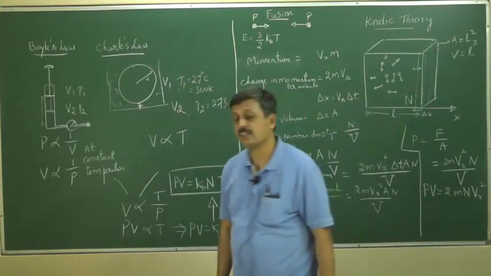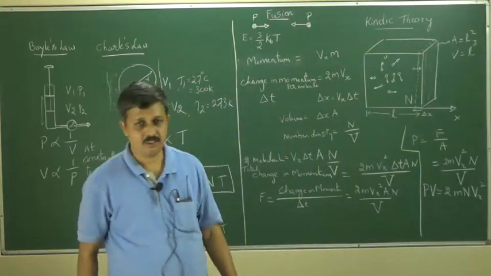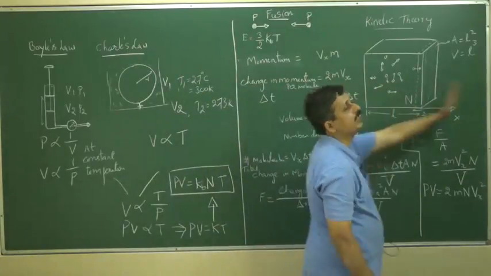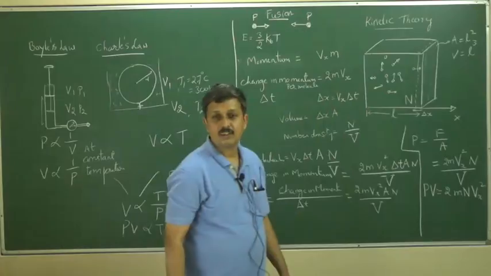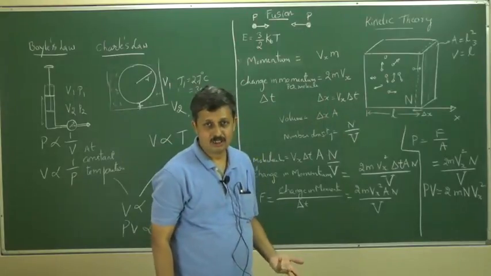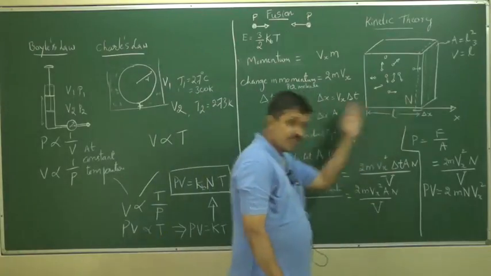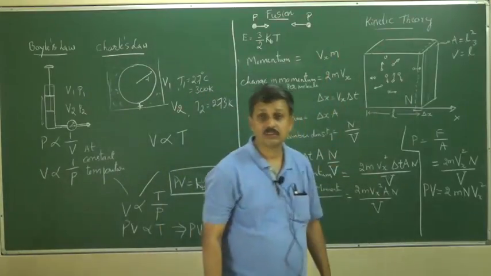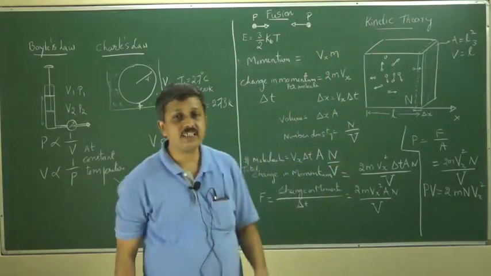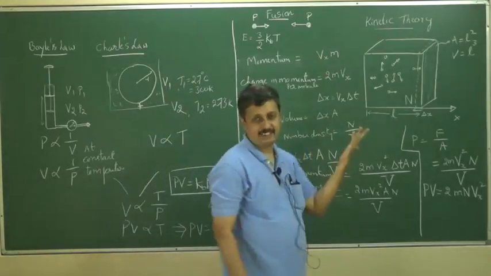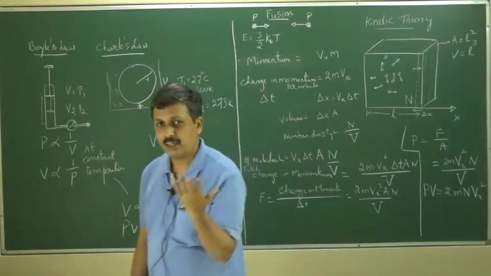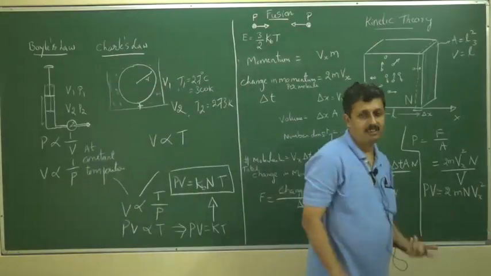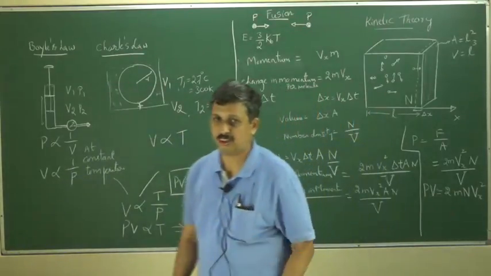we made some very rough assumption. All those molecules which were here are actually all going in this direction, which is not really right. Some of them may be going in the opposite direction. Some of them may be going up, some of them may be going down. So we will basically take it as all 6 directions, and we will now remove the Vx and say V. They can be having any velocity.